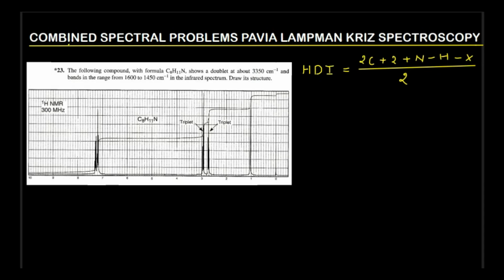Okay, and then there are the bands from 1600 to 1450 cm⁻¹, which are due to the presence of the double bonds of the benzene ring. Okay, and you need to draw the most probable structure for this particular compound. So as my usual practice, first of all, I'll calculate the hydrogen deficiency index, because this compound is containing nitrogen.